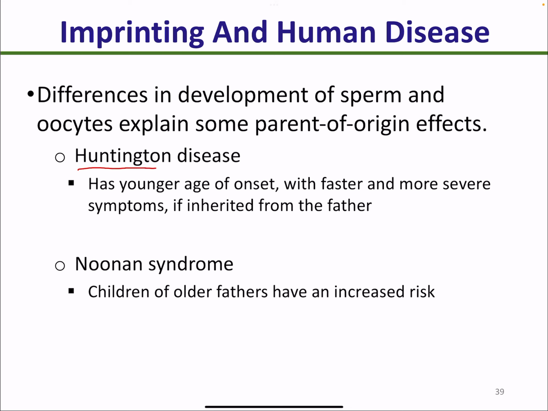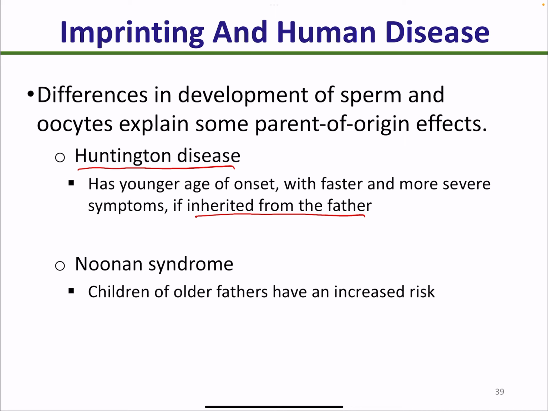The Huntington disease is going to have an onset at younger age with faster and more severe symptoms if inherited from a father, while this is much slower, right, if inherited from the mother.